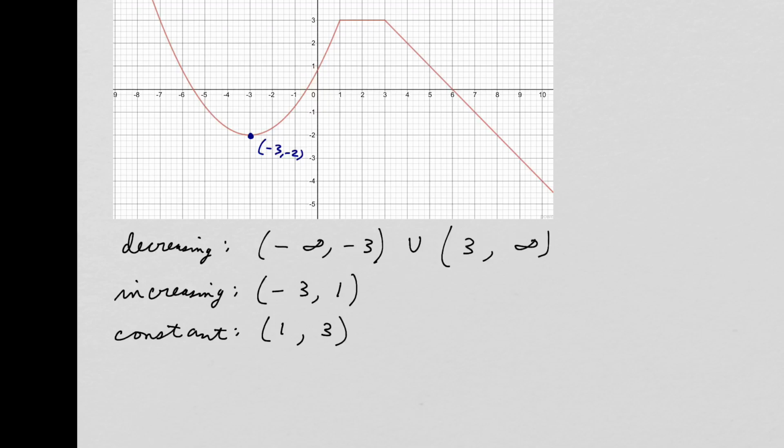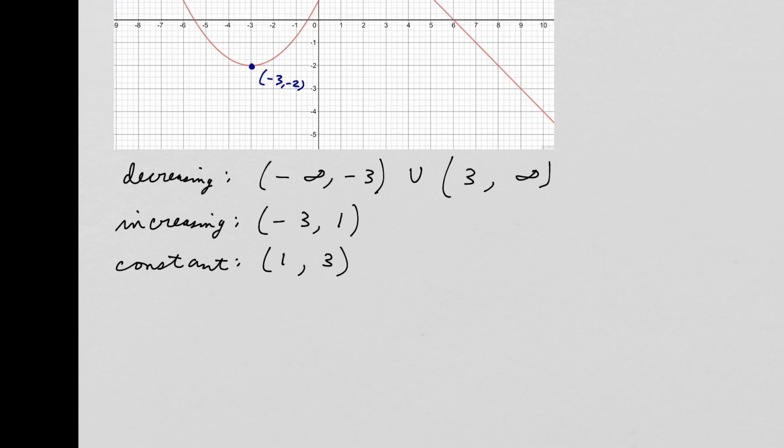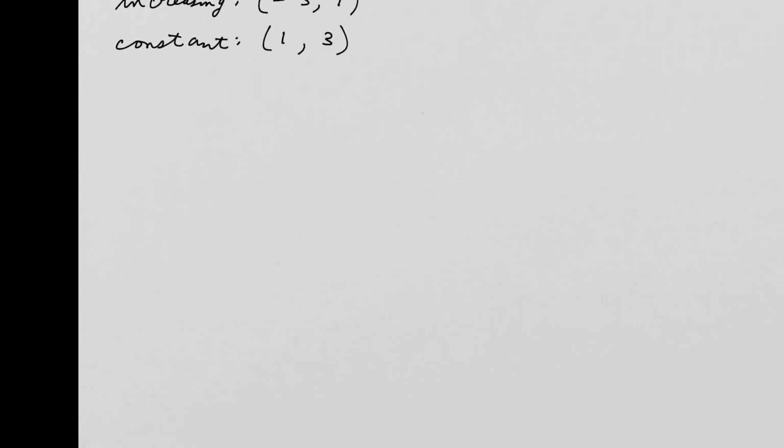What about, let's go back to our toolkit functions, and for each function, let's say, where is it increasing or decreasing? Let's list all the intervals for the toolkit functions. Okay, so toolkit functions. You guys should be pretty familiar with these by now, right?